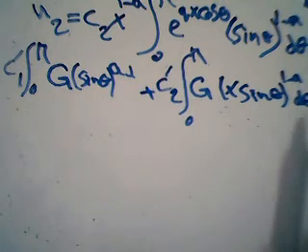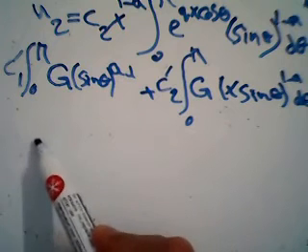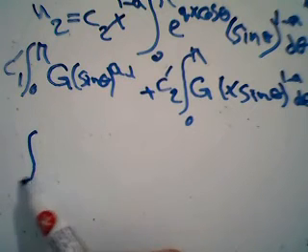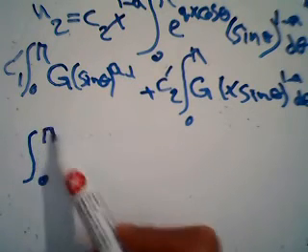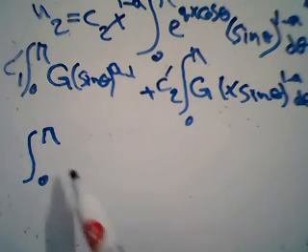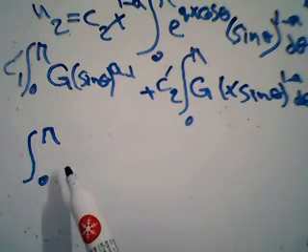And let's write these two integrals as one integral. That would be 0 to pi, and take the constants inside.